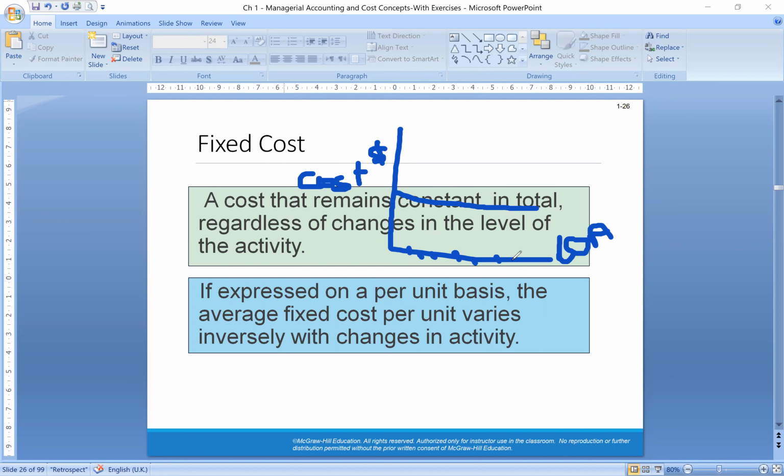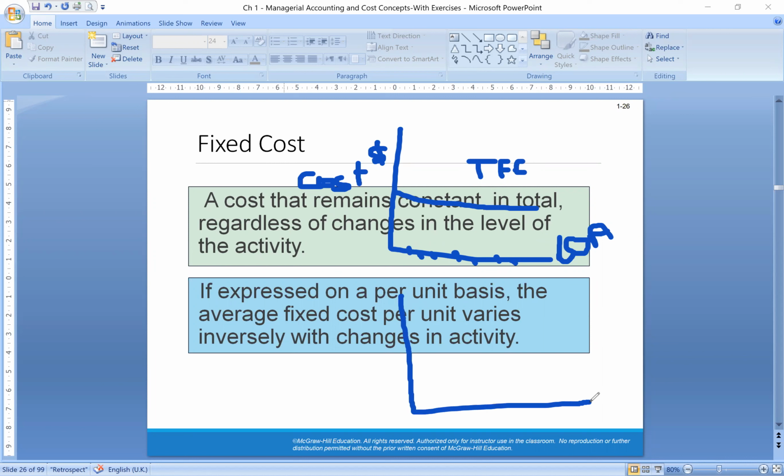So this will be a fixed cost. So the total fixed cost will be constant regardless of how many tables you are producing. But if we express on a per 1 unit basis, the average fixed cost per 1 unit varies inversely with changes in activity.